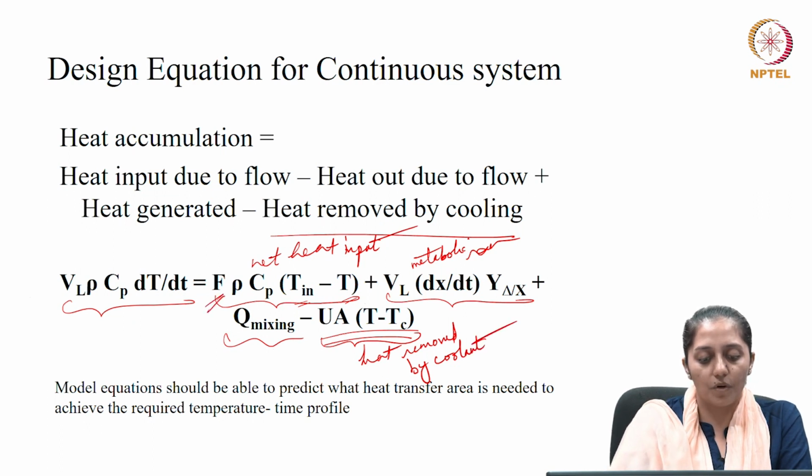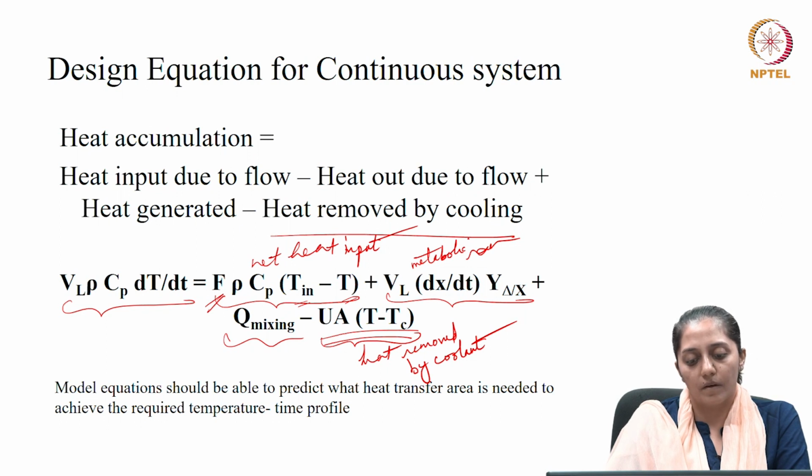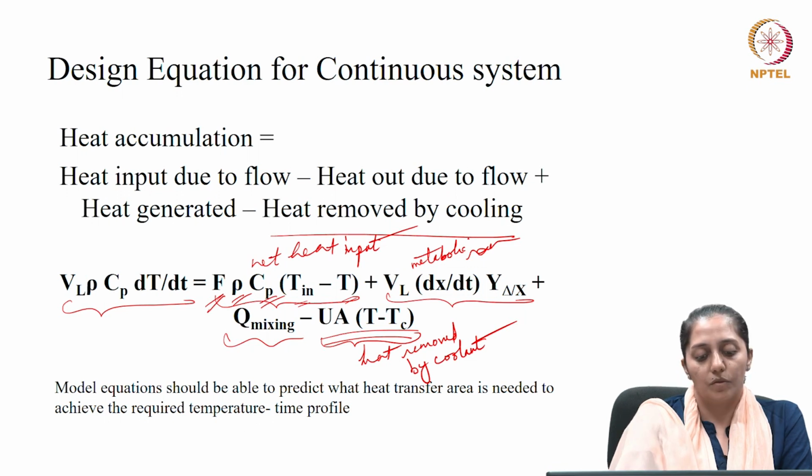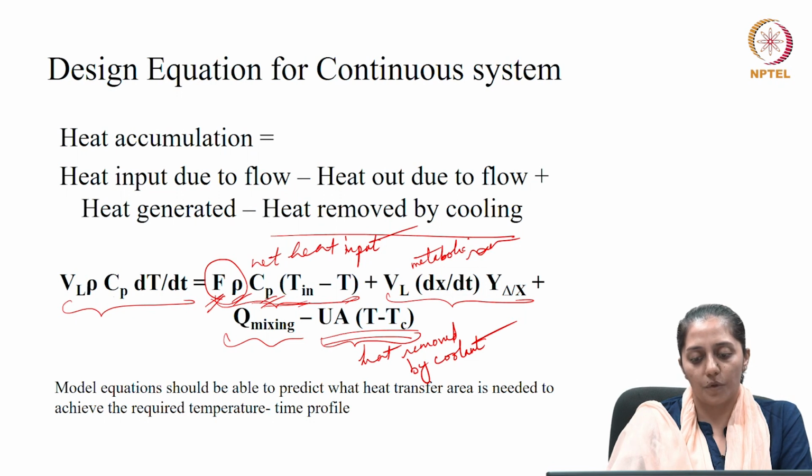Here F is the volumetric flow rate of the continuous medium, rho is the density of the medium, Cp is the specific heat capacity. So, F times rho is the mass flow rate, multiplied by Cp times delta T, which gives you the net rate at which the heat is being input.